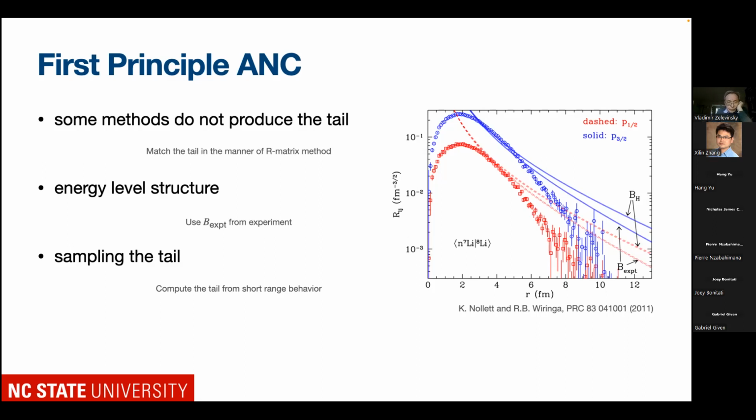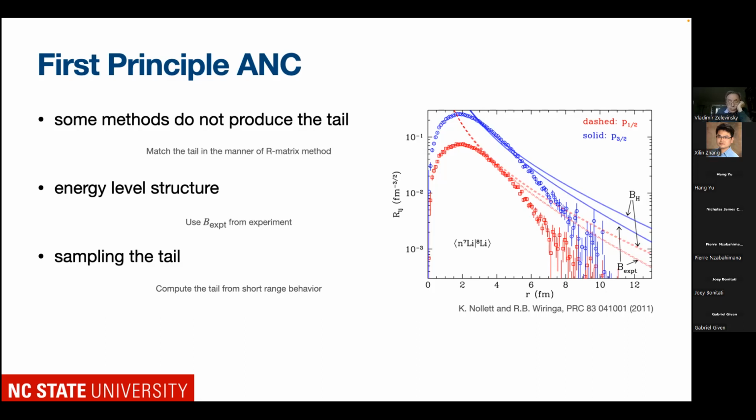Can you explain to these people what the plot really means? Yes, I'm going to do that. In detail, what we are seeing here are the breakups. Suppose you have a cluster of lithium-8, and you extract the neutrons away from these clusters and compute the probability of the wave functions when you have another neutron away from the center of mass.